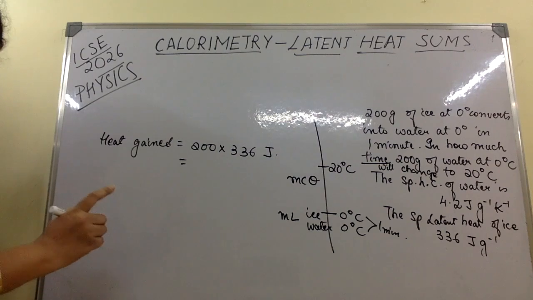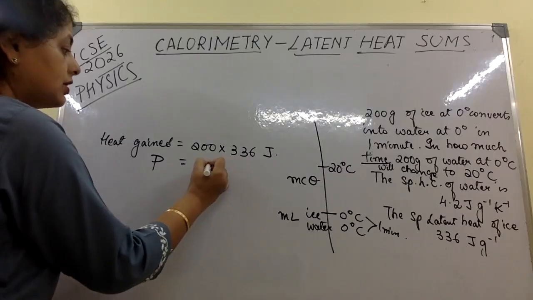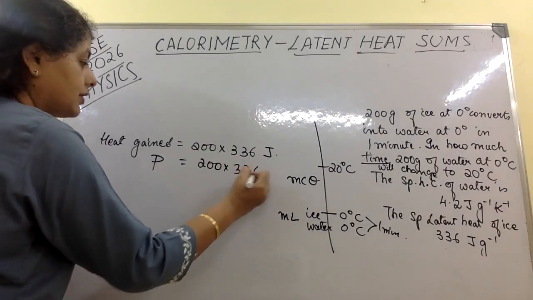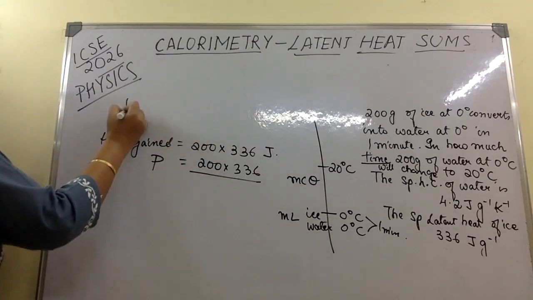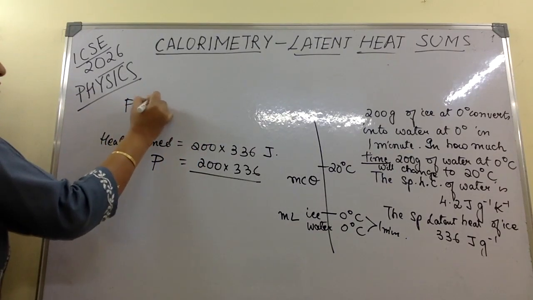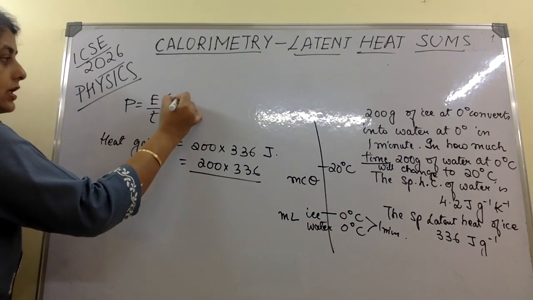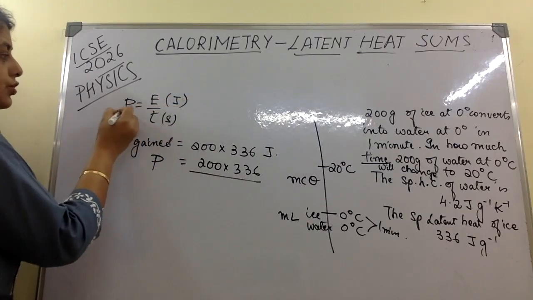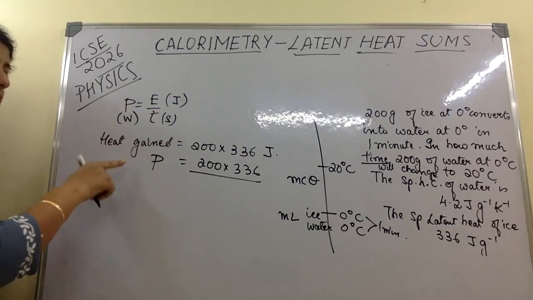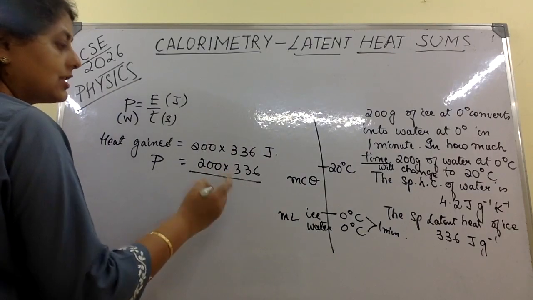So what is the power of that machine? Power is energy. It can be heat energy, it can be electrical energy, it can be mechanical energy. Power is always energy by time. This has to be in seconds, this has to be in joules always, and this will come in watts. I am using the same formula, only thing is here I am using heat energy, and this time 60.